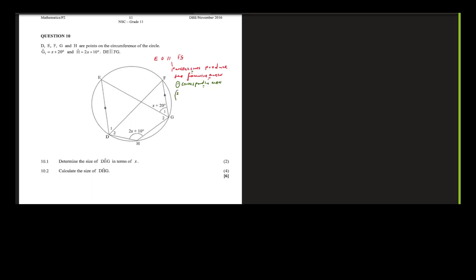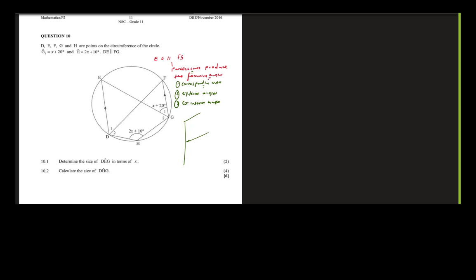You must also check for exterior angles. You must also check for what we call co-interior angles. These three types of angles, you must check for them when we have parallel lines. So what are the corresponding angles? A revision, you did this in grade 10, grade 9.